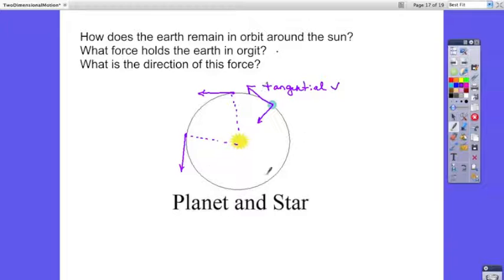So if something's moving in a circle, its velocity at any instant is tangent to that circle and perpendicular to a radius. The direction of the force that's making that happen is towards the center of that circle. The force and acceleration all of the time for something that's moving in a circle is towards the center of that circle.